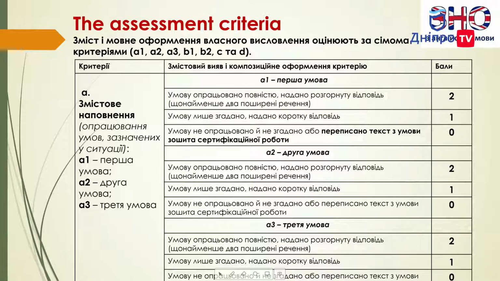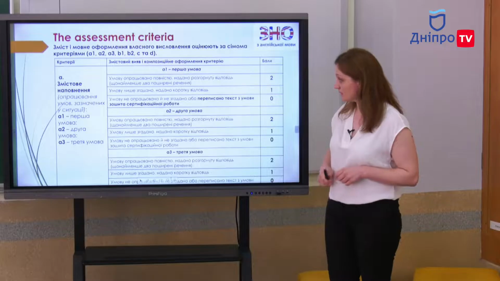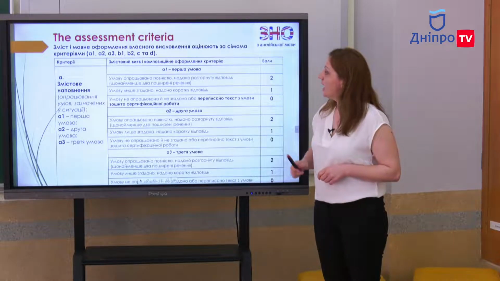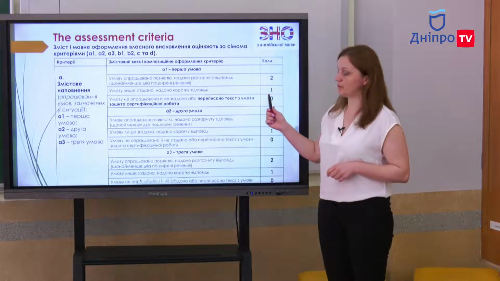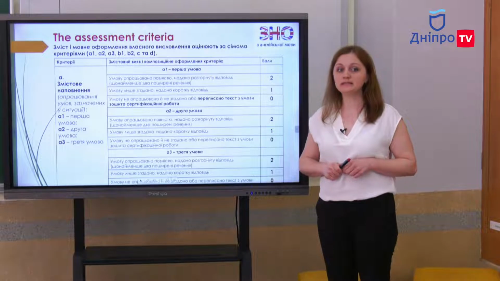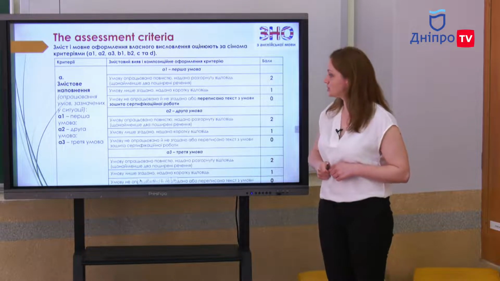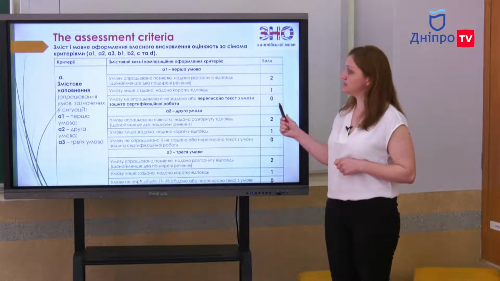To do this, you need to use at least 2 extended sentences and answer all questions which are asked in the situation. If you only mention the situation, then you will get 1 point. If you didn't mention the situation, you will get 0 points.